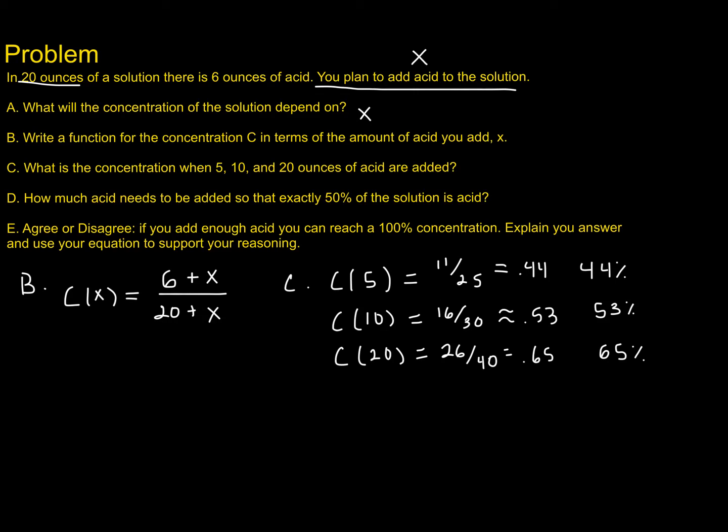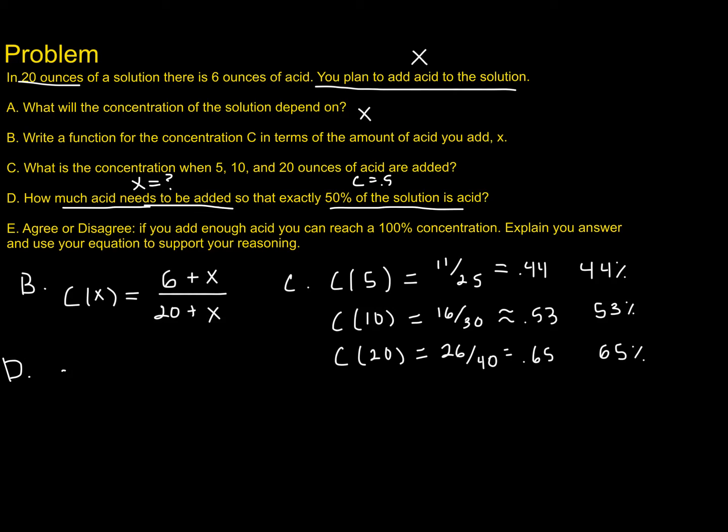So in annotating this question, how much acid needs to be added? Here I know that I'm looking to find the value of X, so that exactly 50% of the solution is acid. So this tells me the value of C, it's going to be 0.5. And so now I can actually use my equation that I've written to solve this situation.